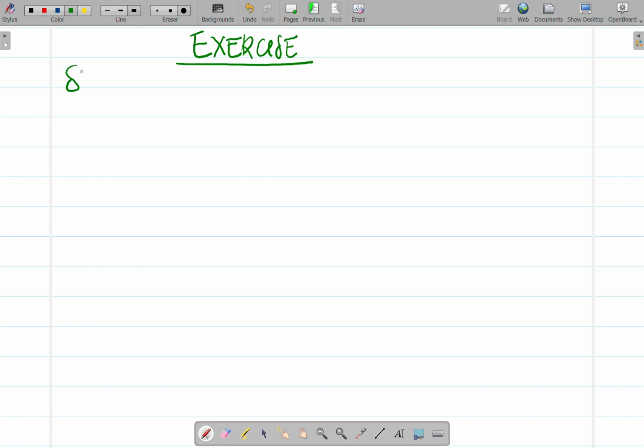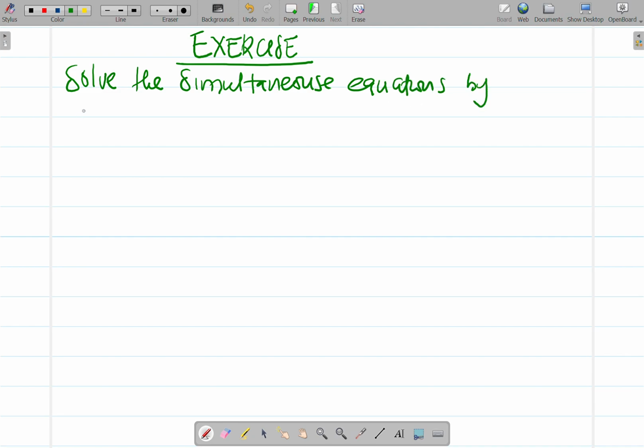Solve the simultaneous equations by substitution method. You can drop your answers in the comment section, and I'll be more than happy to respond to you and say you got it right.